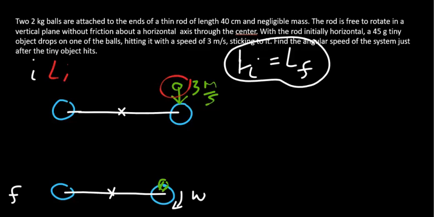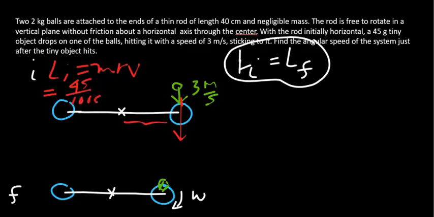We are going to treat this tiny ball as a point particle, and we know the expression for the angular momentum for such a tiny particle: the mass of it times the distance from the axis of rotation, r, times v, which is that tangential speed. The mass of that tiny ball is 45 grams, so it's 45, turn that into kg, divide that by 1,000. The length of this entire rod is 40 cm, so that means r is half of that, 20 cm, turn that into meter, 0.2, and the speed before the impact is 3 meters per second, so times 3.